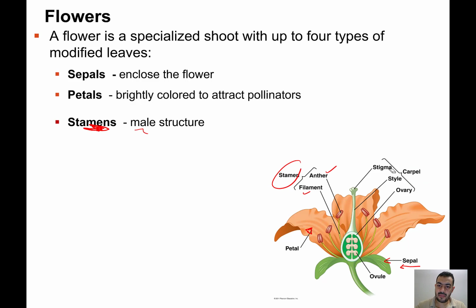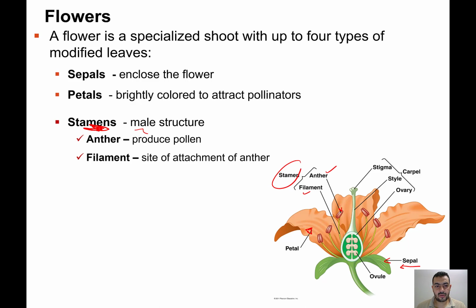The anther is the top part in which the pollen grains are produced. This anther is attached to the rest of the flower using the filament. Both the anther and the filament compose the stamen, which is the male structure.